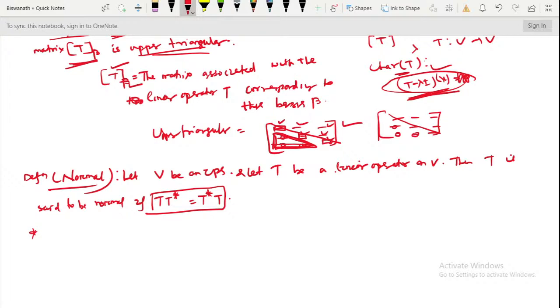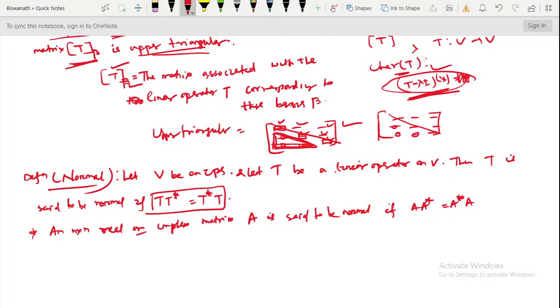In matrix space also you know this thing: an n cross n real or complex matrix A is said to be normal if A star A equals A A star. And you know what is the meaning of A star in a matrix?